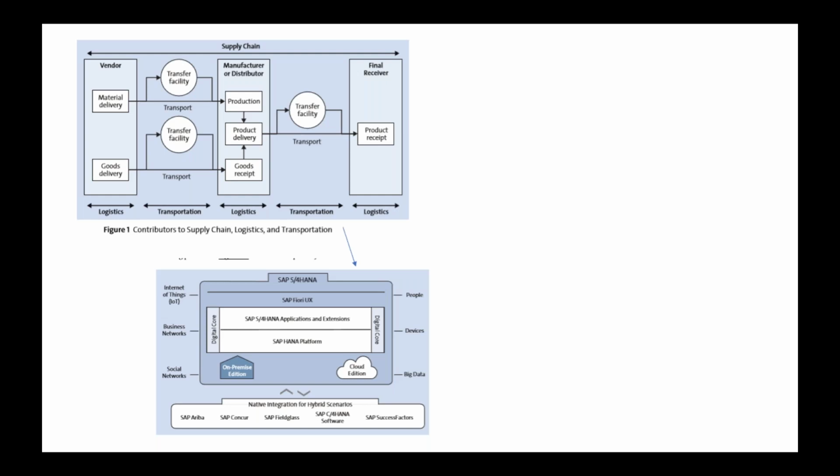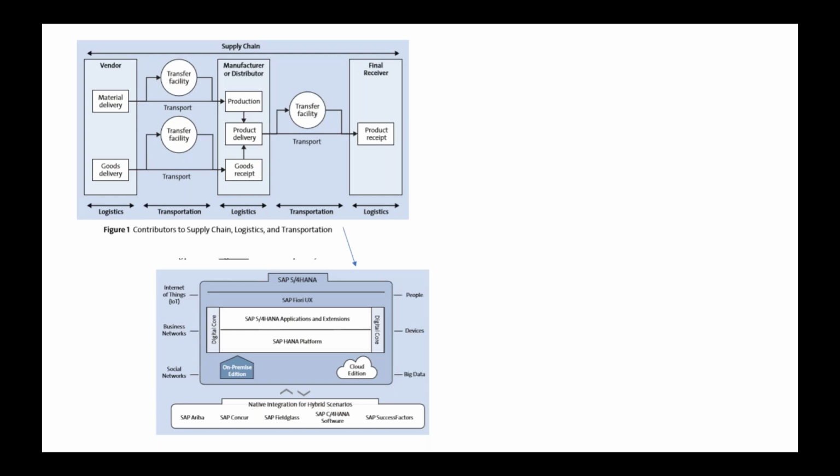So if you see here, this is more of a reason why S4 HANA is important. The second picture is mainly for that, where we have a strong integration across all areas and different types of digital software tools which we have used, like different types of devices, Internet of Things technologies, business networks, social networks, people, big data, all can be joined smoothly within the S4 HANA core premise.